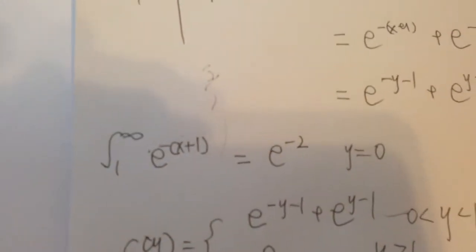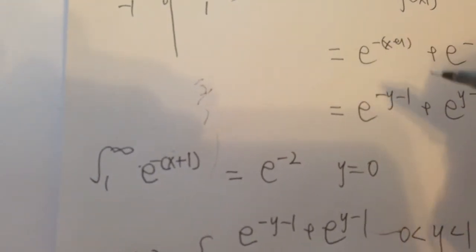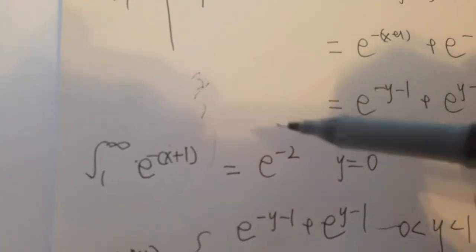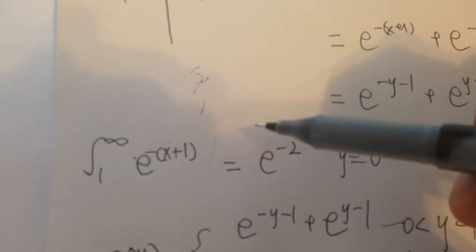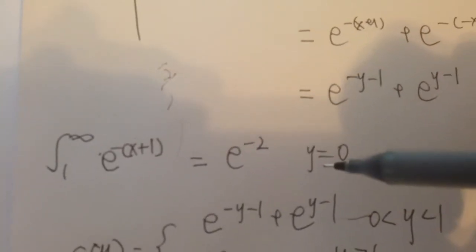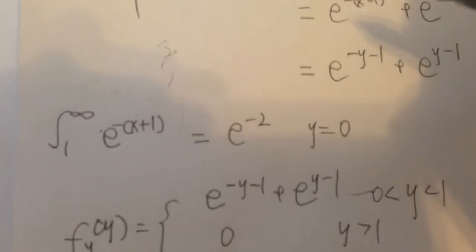So here we need to know what the number is when y is 0. Here we simply integrate it when x from 1 to infinity. Here we know that it's e to the negative 2.